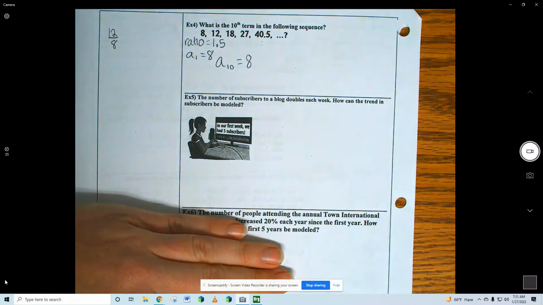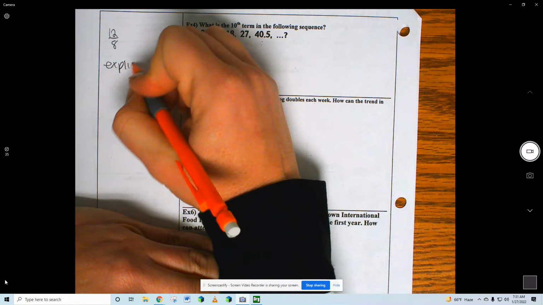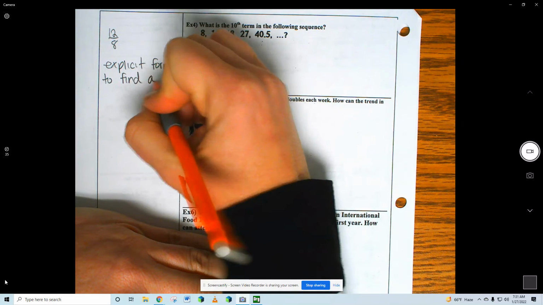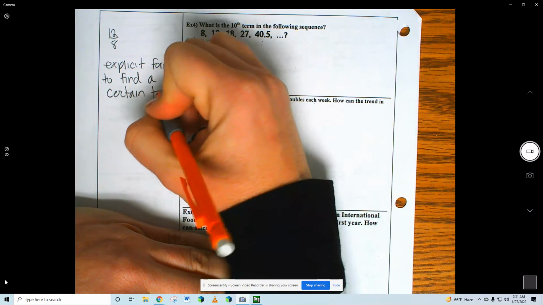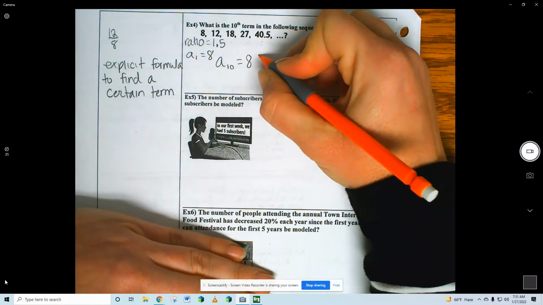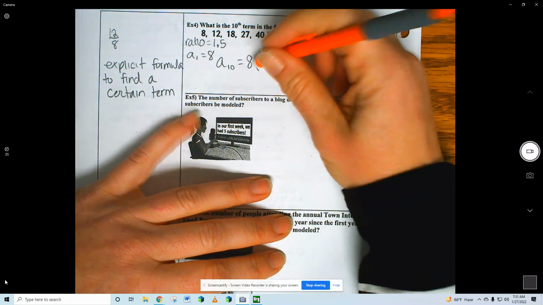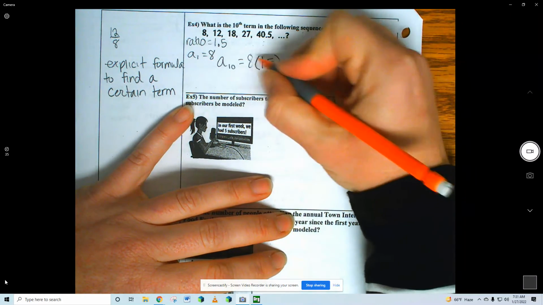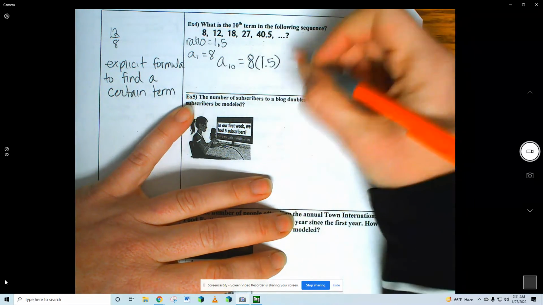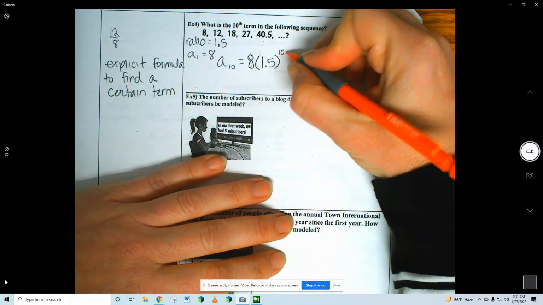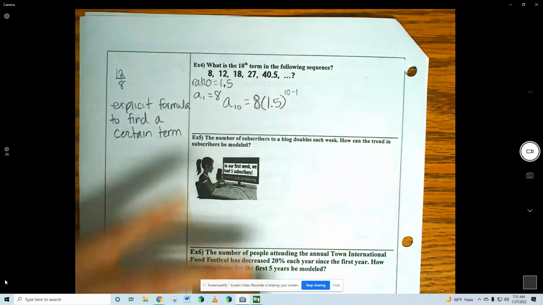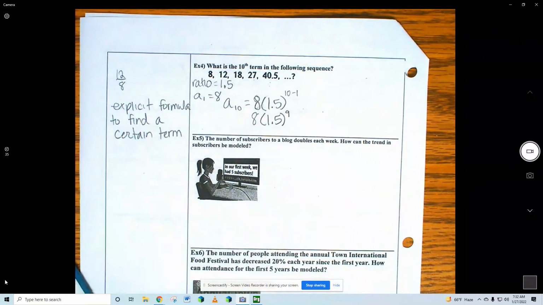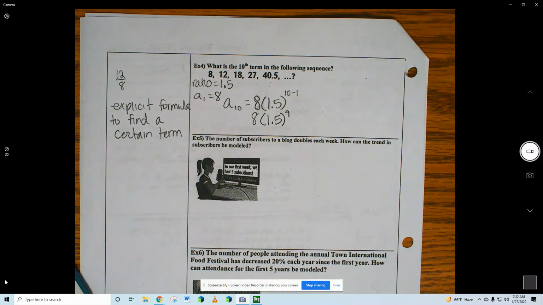I'm doing the explicit formula, the explicit formula to find a certain term. 8 multiplied by, the first term is 8, multiplied by 1.5 raised to the 10 minus 1. Now, do you remember how we have to do 10 minus 1 is 9? We have to do 1.5 to the 9th first.